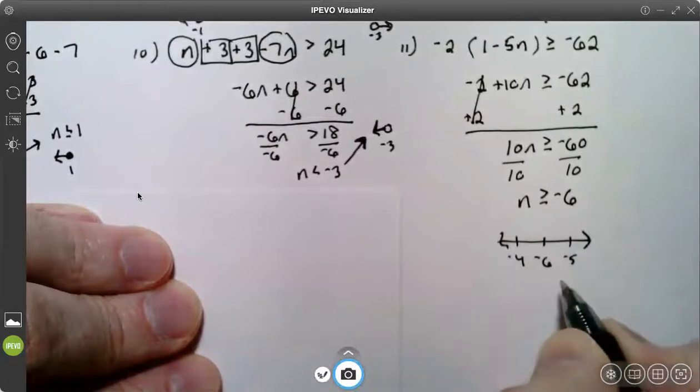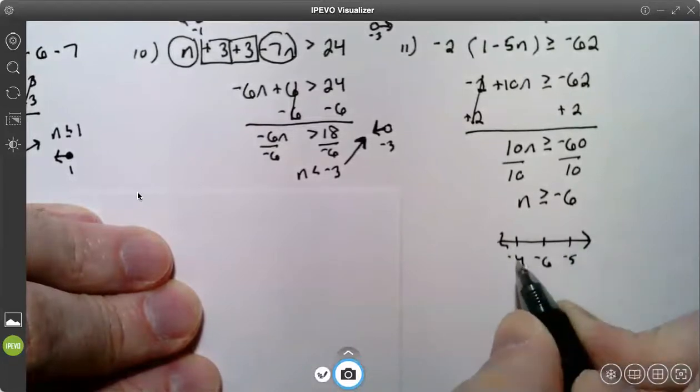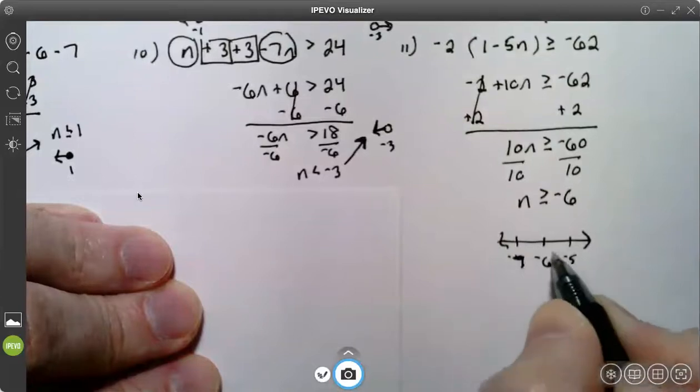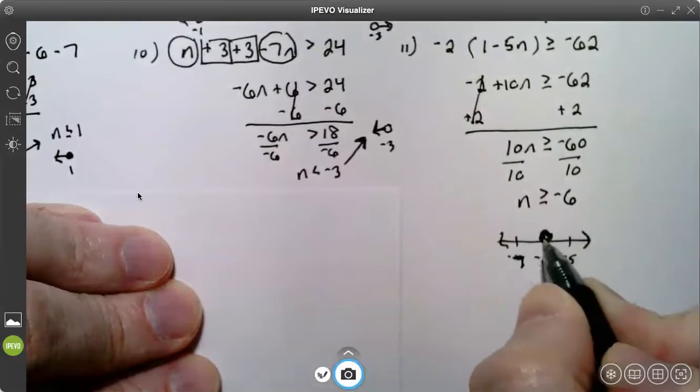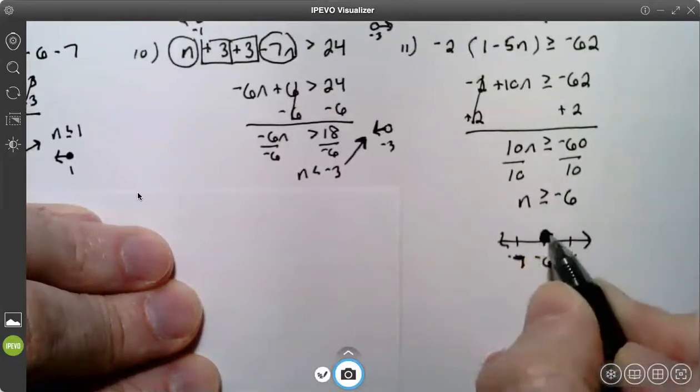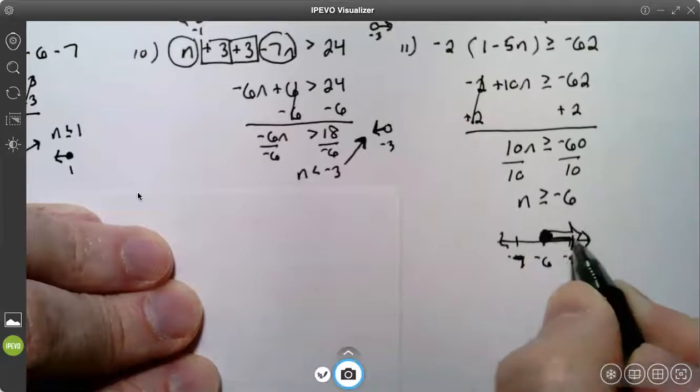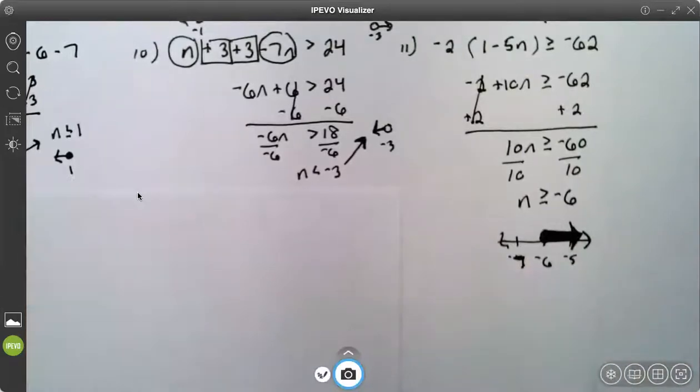I find the -7. I find the -6. It does include it, so it's closed circle. And it's greater than or equal to, so everything to the right is also included. Closed circle to the right, greater than or equal to -6.